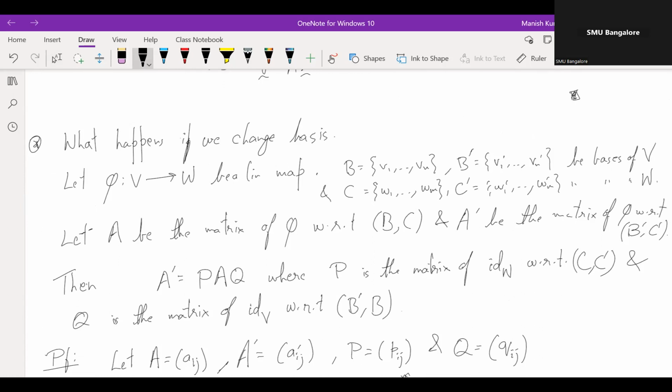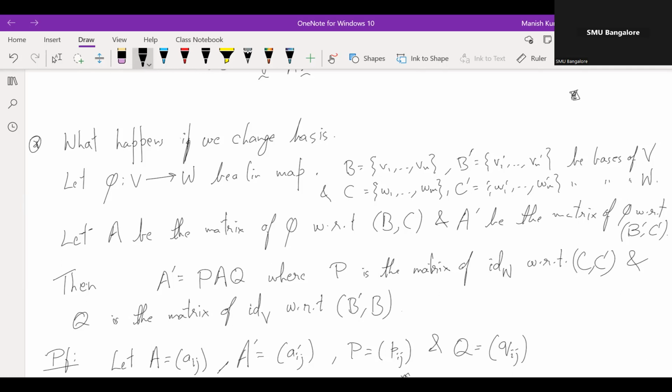Let A be the matrix of phi with respect to B, C and A prime with respect to B prime, C prime. We want to know how A and A prime are related. Actually, A prime is going to be P times A times Q for some matrices P and Q.